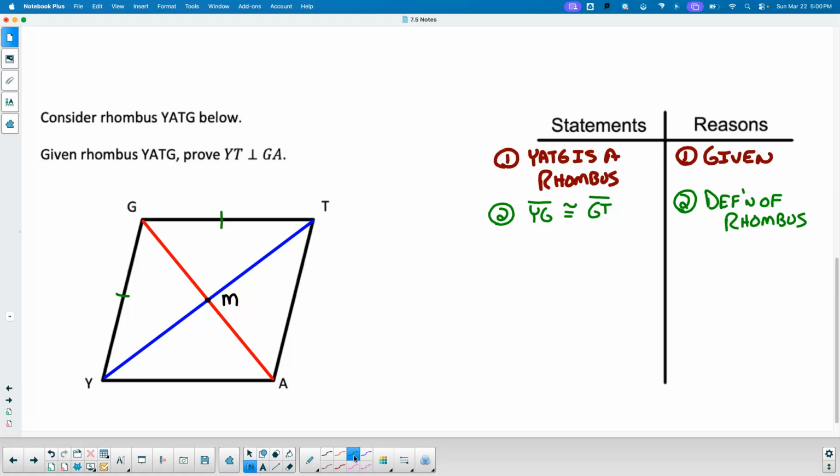Couldn't think of the word property there for a second. Sorry about that. And one of the properties of a parallelogram is that the diagonals of a parallelogram bisect each other. So that means that YM is congruent to MT.